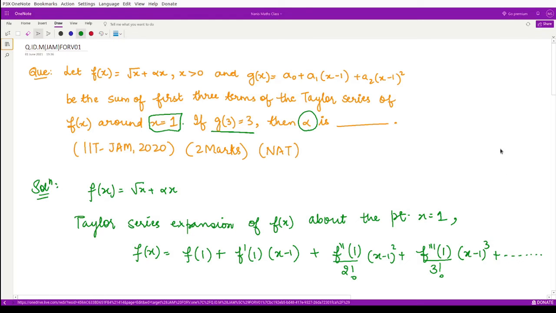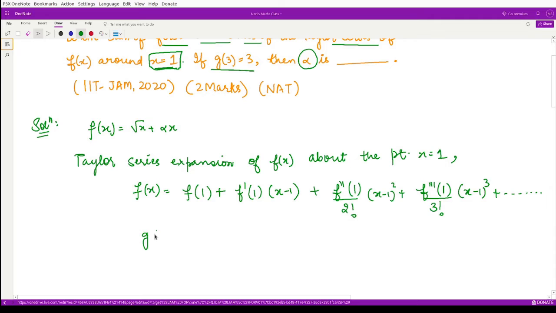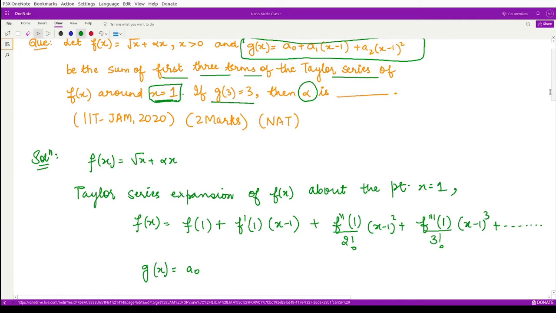If you compare this Taylor series with the given term, g(x) represents the first three terms of the Taylor series of the function f(x) about the point x equals 1. Accordingly, g(x) is a0 plus a1 into (x minus 1) plus a2 into (x minus 1) whole square.